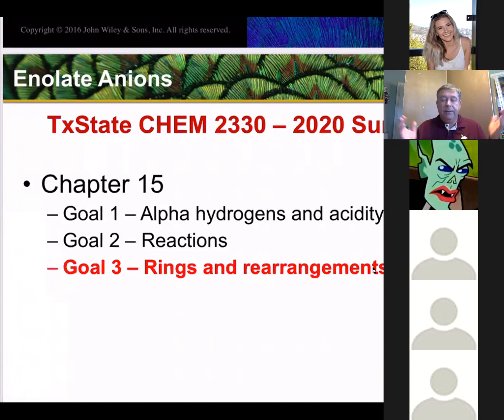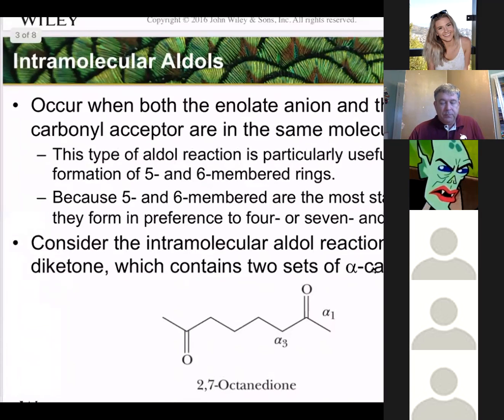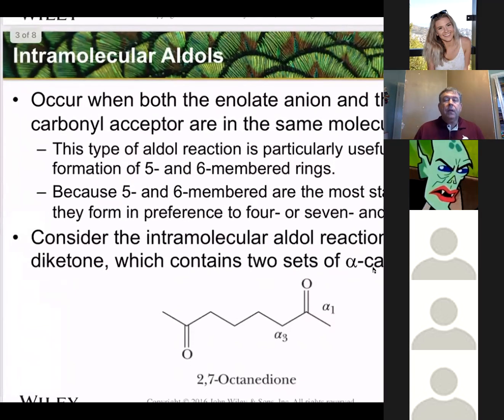All right, so I've got my stylus out and I'm going to start talking about rings and rearrangements, okay? So, remember that when we look at aldol condensations, that means you have a ketone or an aldehyde, and you're taking one of those alpha hydrogens, or hydrogen next to the carbonyl, attached to a carbonyl, and that gives us an opportunity to create a nucleophile.